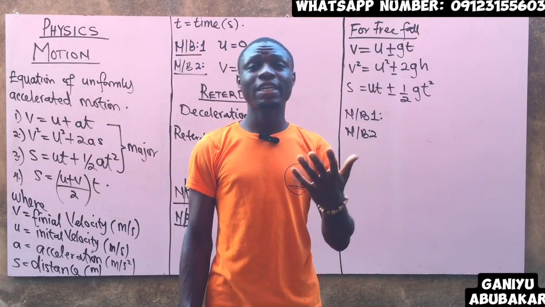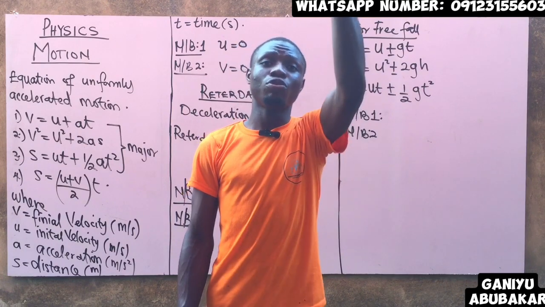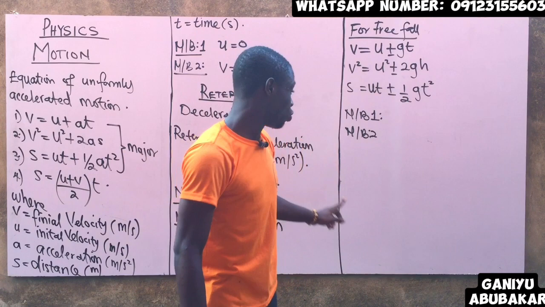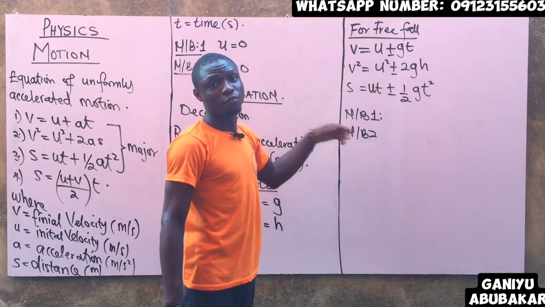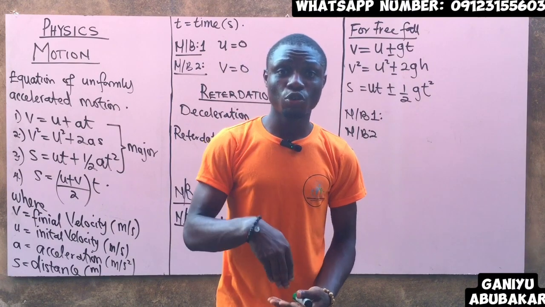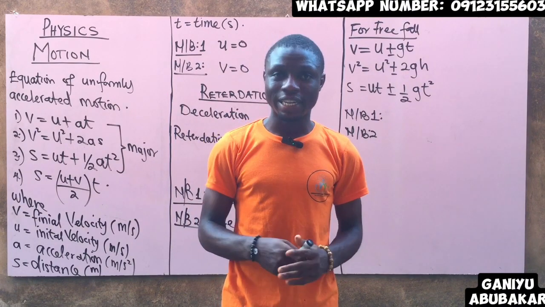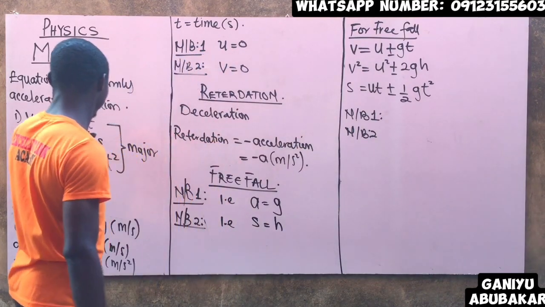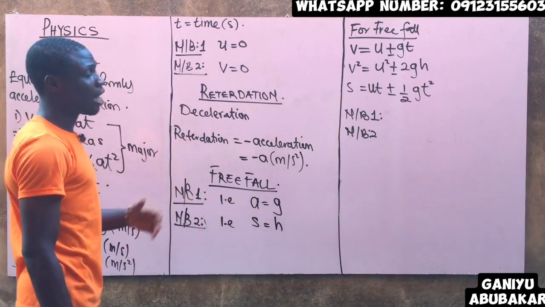But when the body is moving upward, it is motion against gravity, so you use the negative sign. When the body is falling downwards, it is motion towards gravity. That's the idea behind the equation of free fall and the equation of uniformly accelerated motion.